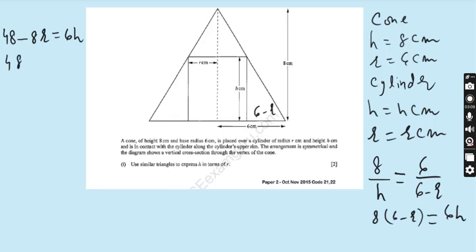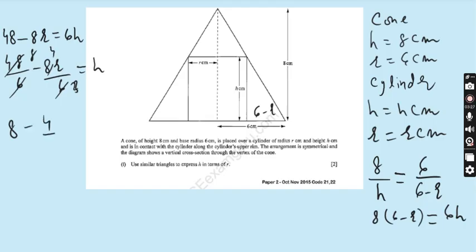Divide 48 by 6, minus 8r by 6, is equal to h. 6 eights are 48, 2 threes are 6, 2 fours are 8.